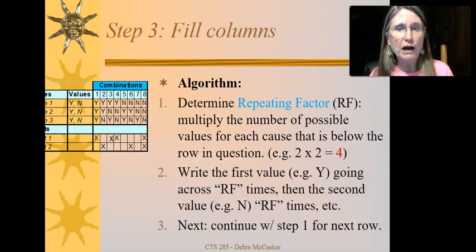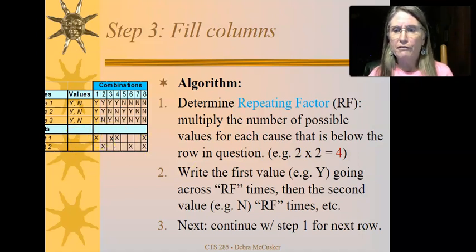If there's just 2 values, yes and no, then you're alternating YN, YN, YN, YN. Okay. And you can see that we needed 8 columns, which were the number of values, 2 raised to the number of causes, 2 to the 3rd power, which is 8.